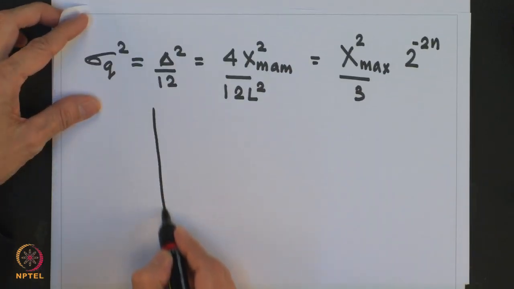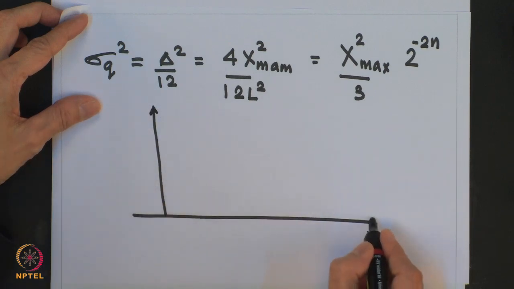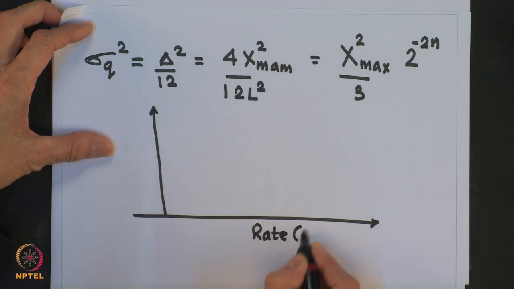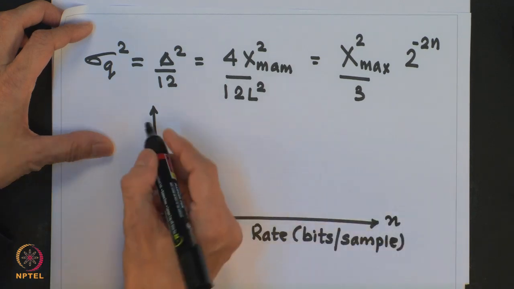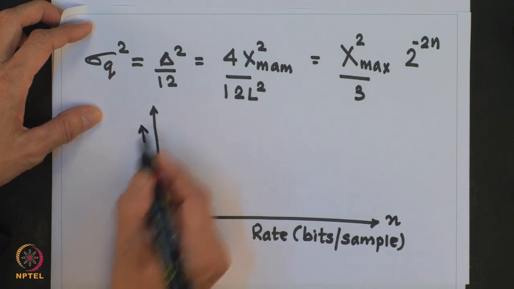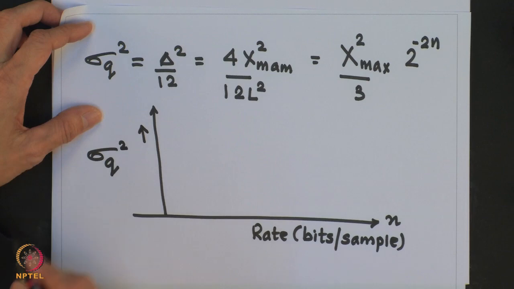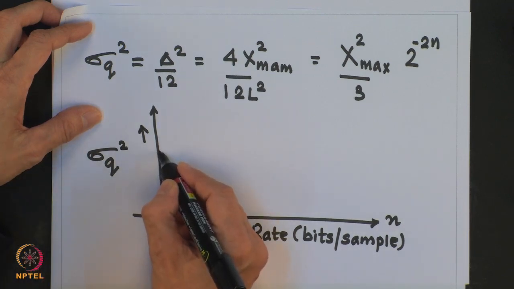So, if you plot it, rate, that is bits per sample which we use for quantization, and this on axis the distortion, then this will be something like this.